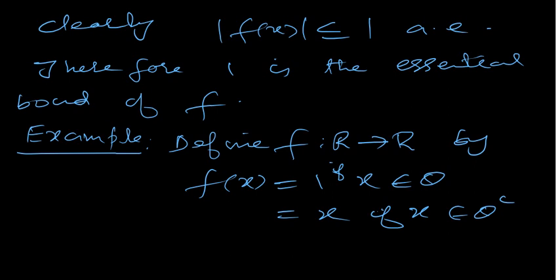Because on Q complement it's equal to x, but the measure of Q complement is not equal to 0, and it's unbounded on a set having measure not equal to 0. Outside of this set it's bounded, but that set is a countable set. That set has measure 0. So you can say then mod of f of x is not less or equal to 1 almost everywhere.